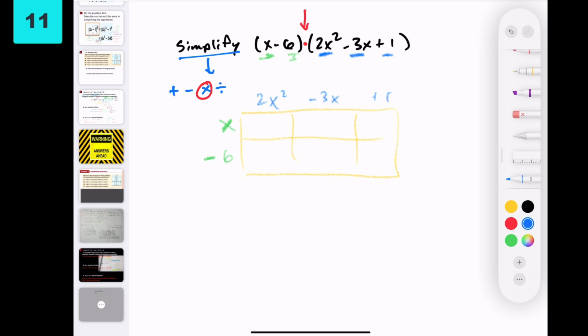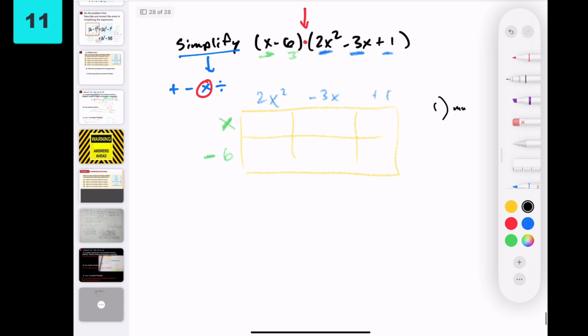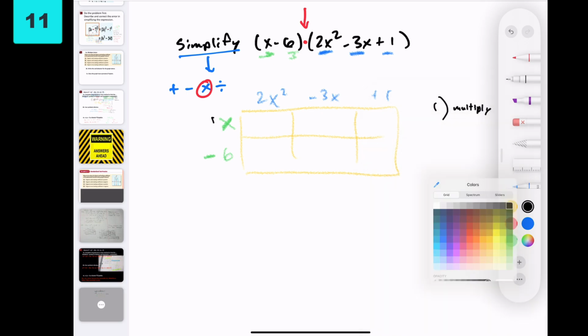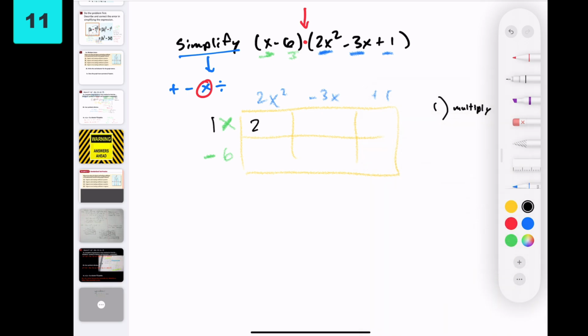So let's go ahead and we're going to first multiply. So this will be 1 times 2, and x times x squared is x to the 3rd. We're going to keep multiplying. Negative 6 times 2 is negative 12, and you just have no x's, so it's just going to be x squared. 1 times negative 3 is negative 3, and x times x is x squared.